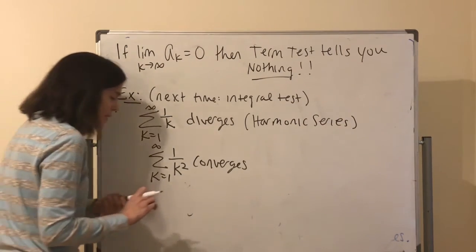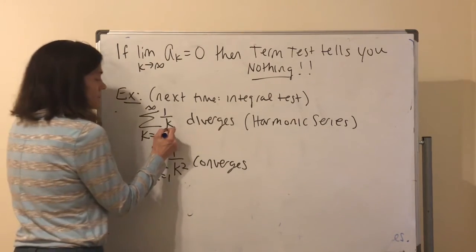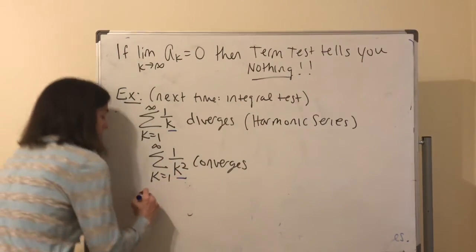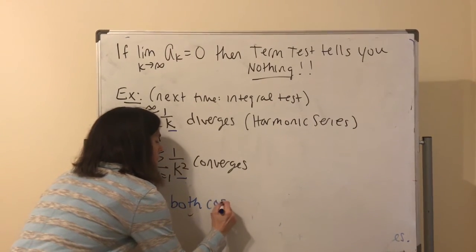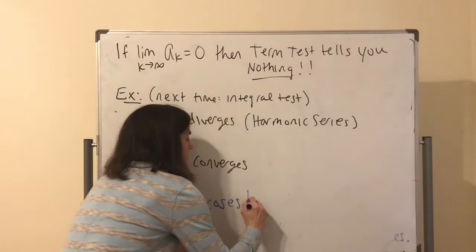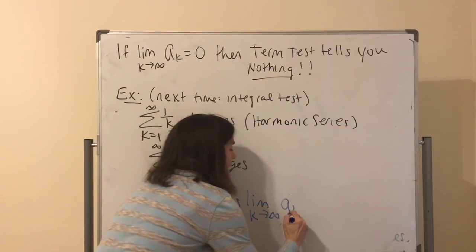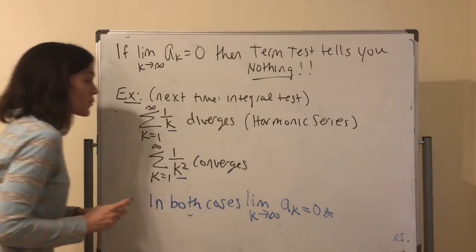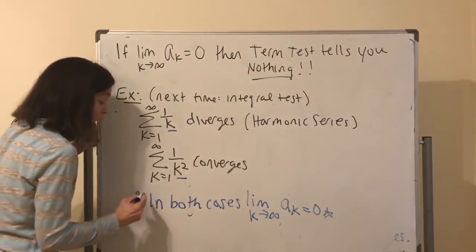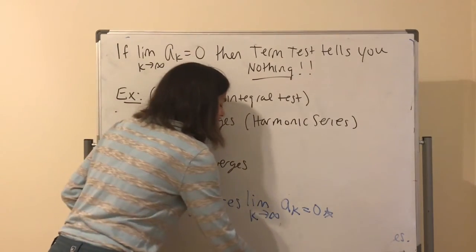But why am I bringing this up today? I'm bringing this up today because look, the terms in both cases, the limit as k goes to infinity of ak is 0. Okay? So what you see, hopefully we're not going to make the mistakes I've seen people make before.